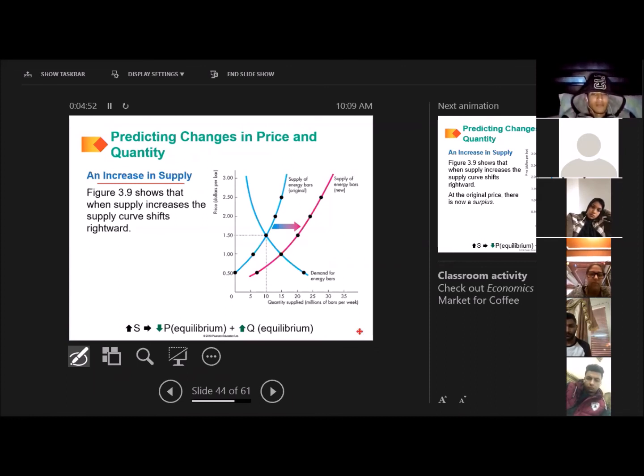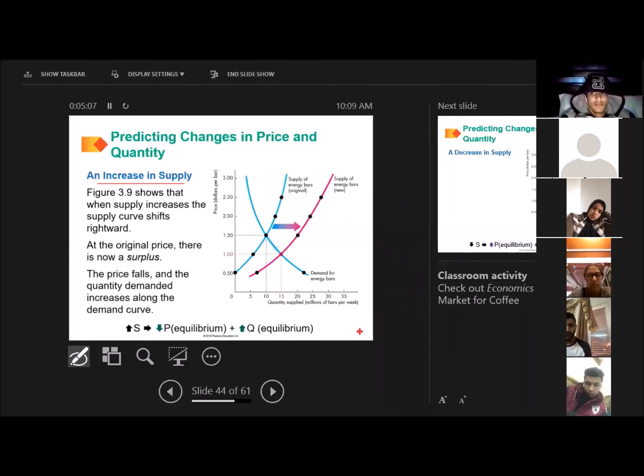Someone was asking this question: what will happen if the supply increases, not the price increases? Supply increase means we produce more at a lower price.